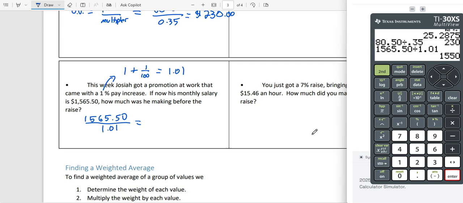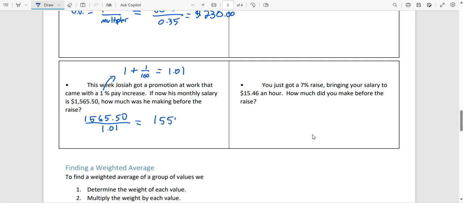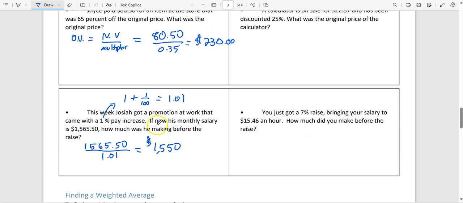Before the raise, they were at 1550. Not much of a raise, but we can undo percent increases and percent decreases by dividing by the multipliers.